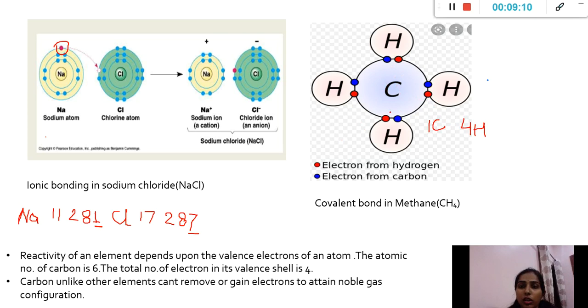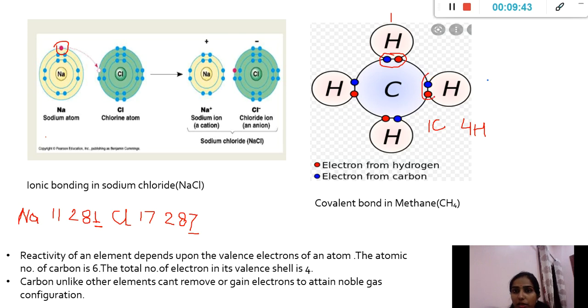One valence electron of the carbon atom is shared with the electron of the first hydrogen atom, and in this way one pair of electrons is shared between the carbon atom and the first hydrogen atom.